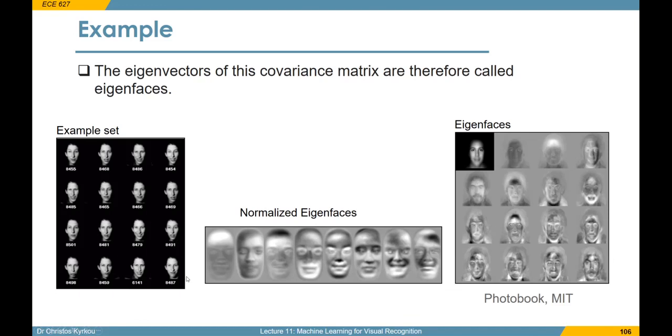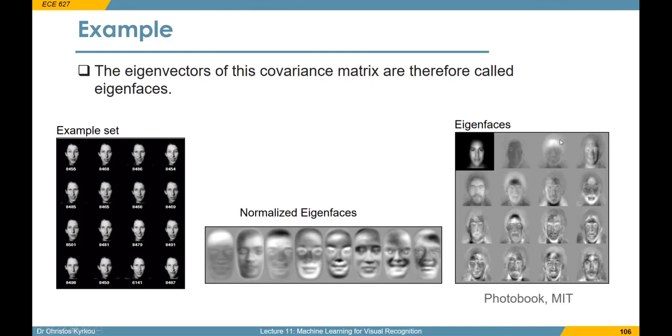So we have the faces image. These are some normalized eigenfaces that were selected, and the eigenfaces of this image correspond to these images right here. We can view eigenfaces as images because we can map them back; they have the same dimensionality as the images.